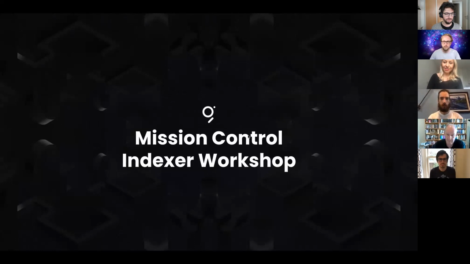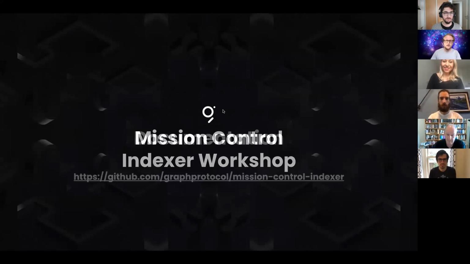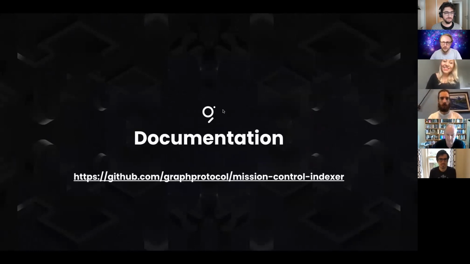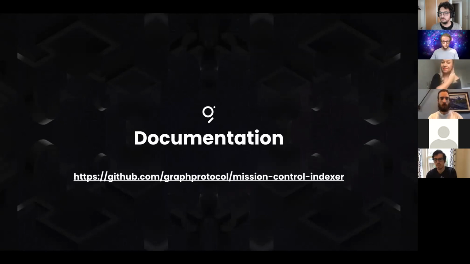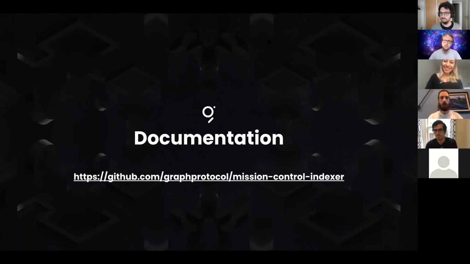So for those of you who've filled out the indexer agreement already, you'll have been invited to the Mission Control Indexer repo, which contains some documentation to get started, primarily the rules for the mission for phase 0, as well as infrastructure templates for Terraform and Kubernetes. So I've already seen on Discord that many are going bare bones instead of going with Kubernetes or Terraform or Google Cloud.